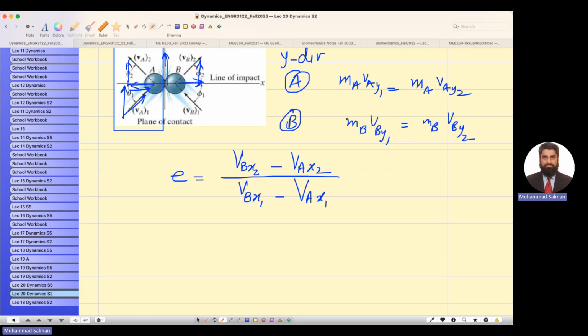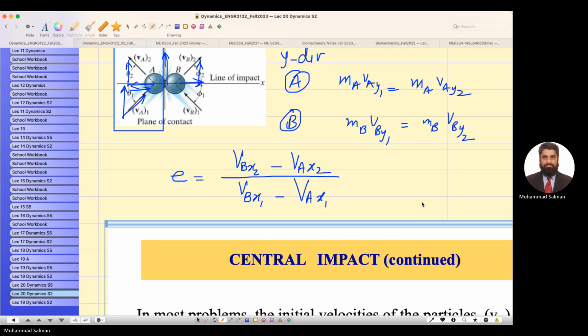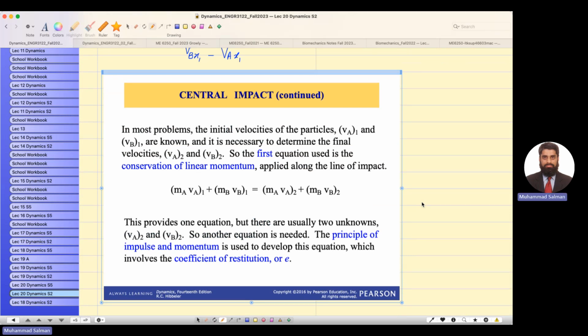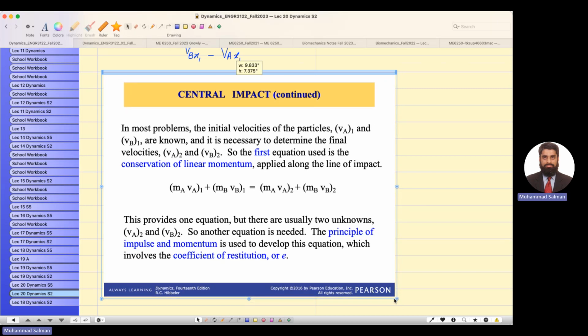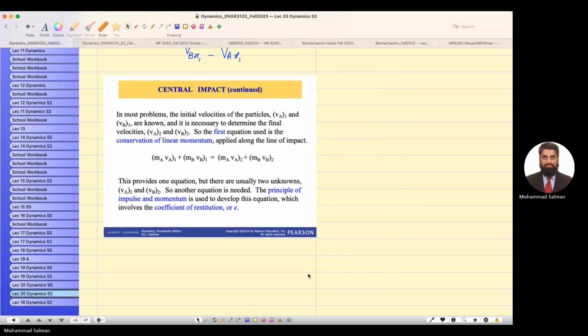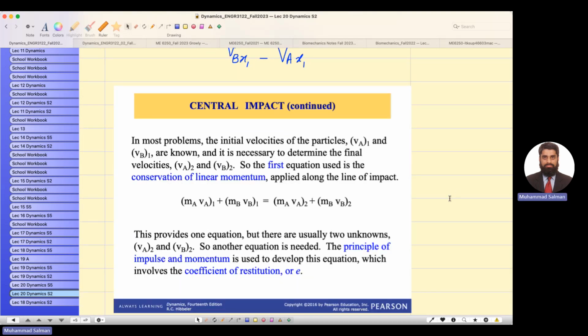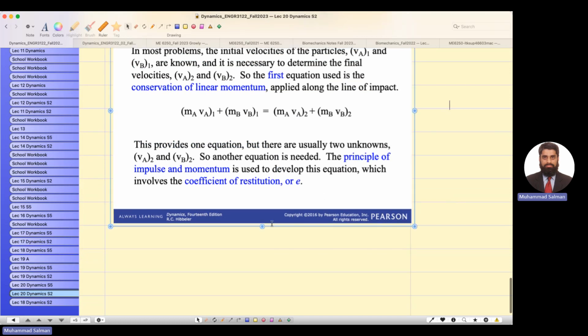So let me show you one more slide here. I think I was here. You see, we have done this equation. This equation is the conservation of linear momentum principle. We already have written down the same equation. So let's go to the next slide.